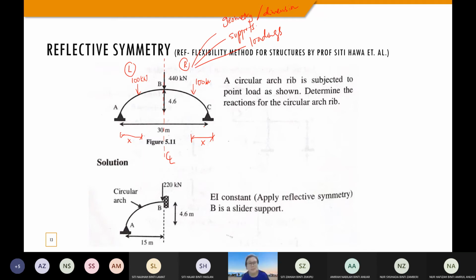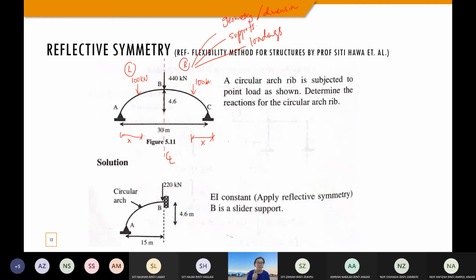Once you have found that it is symmetric, you can use half of the structure, either the left part or the right part, to analyze the system. Instead of analyzing the whole system, you only analyze half of it, and the result will be applied to the other half.